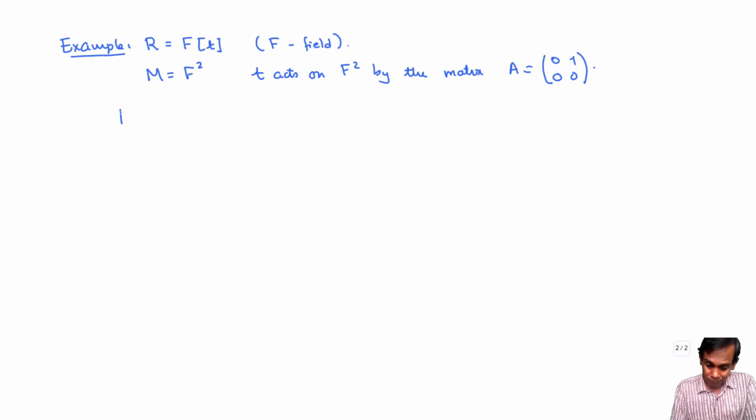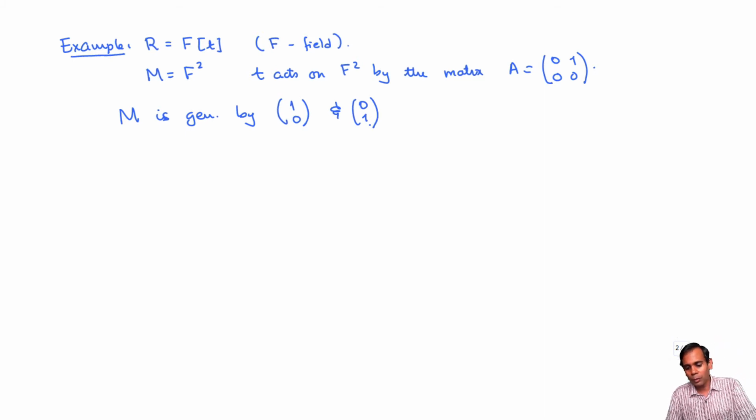So M is generated by (1, 0) and (0, 1). After all, (1, 0) and (0, 1) form an F basis for M, and therefore they should also generate M as an F[T] module. And so we define phi. So this phi is going to be from F[T] squared to F squared. Right?